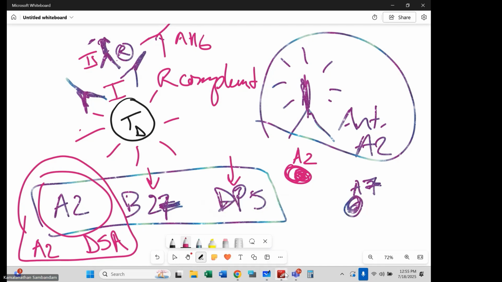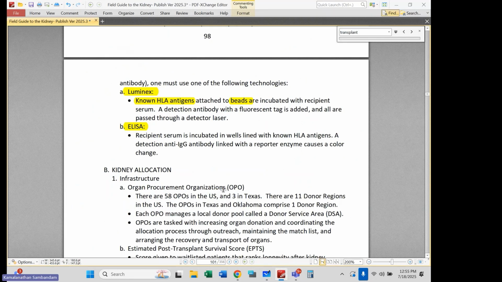Dr. Sam, to create the virtual cross match, if that's negative, because that's done quarterly at best, then, well, the cross match can't be done quarterly, sorry, the Luminex. Yeah, you could do the Luminex, the anti-HLA antibody assessment.